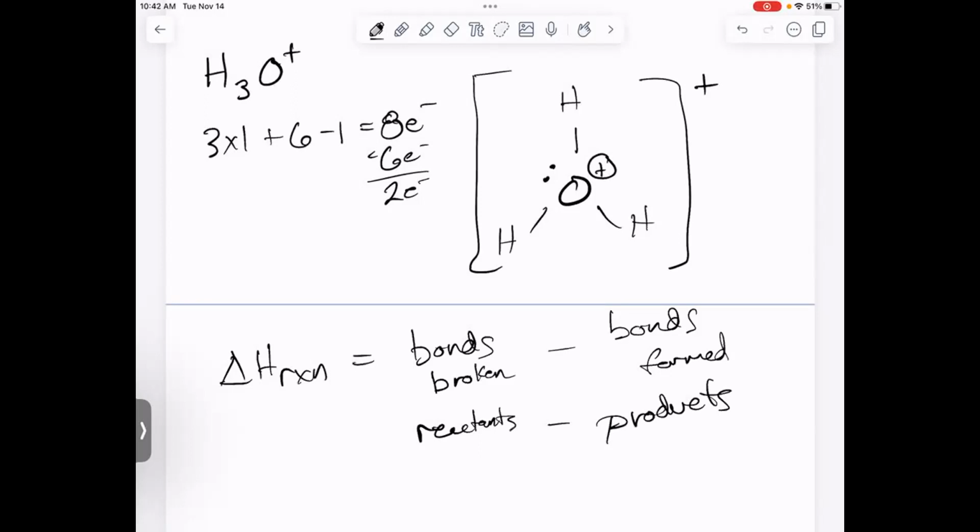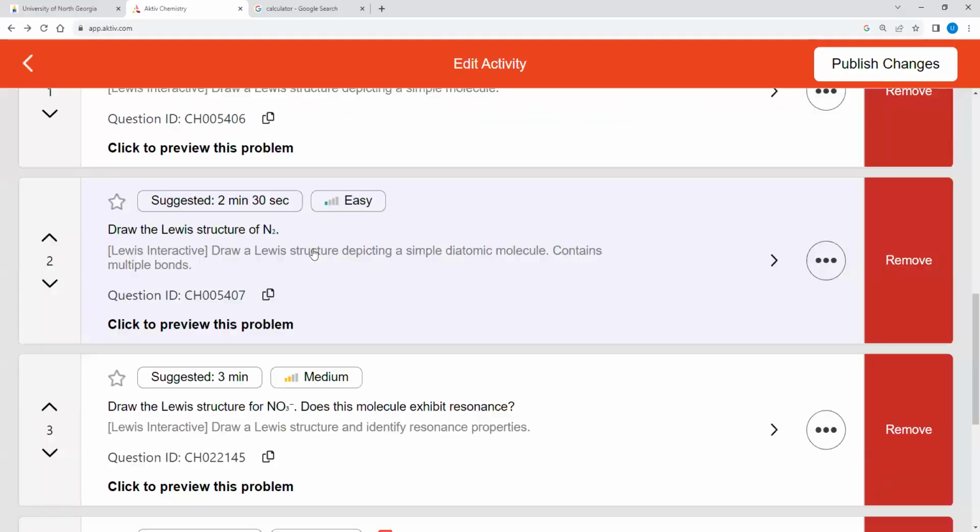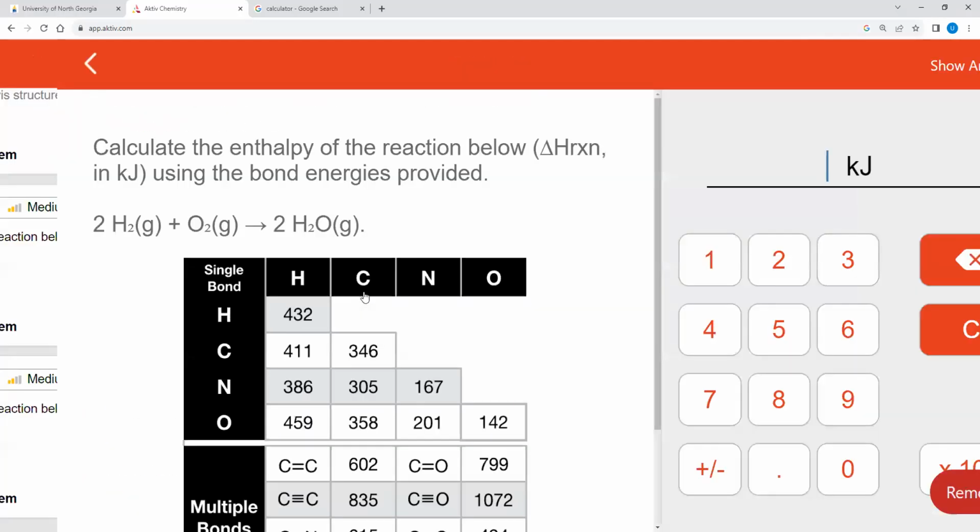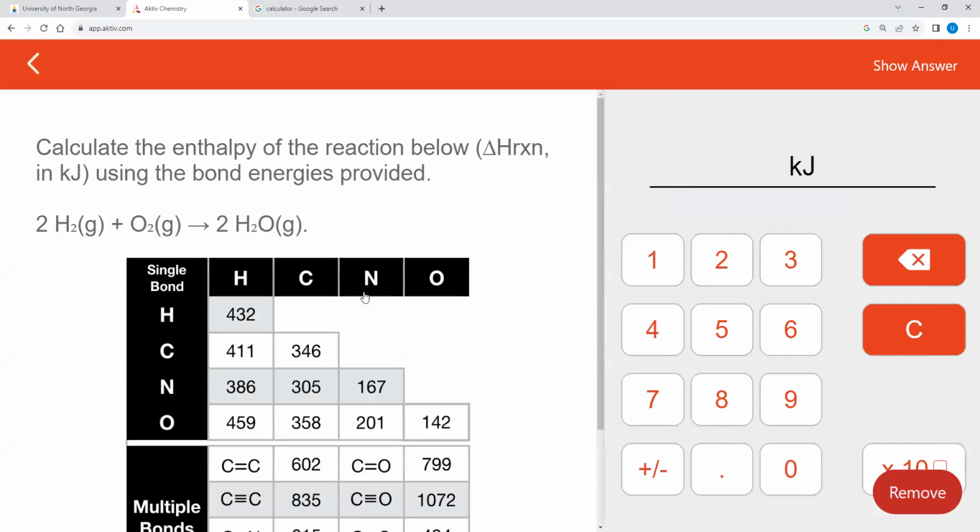How this works, I think it's easiest to show with an example. So let's take a look at the last one here for the day. This wants us to calculate the enthalpy change for this reaction, given the table of bond energies here. And so we have 2H2 plus O2 going to 2H2O, and we're given these different bond energies. And like I said before, it's the bonds broken minus the bonds formed.